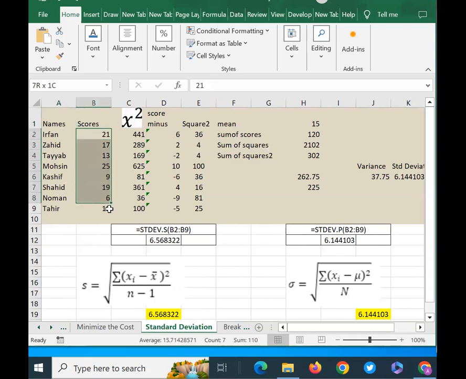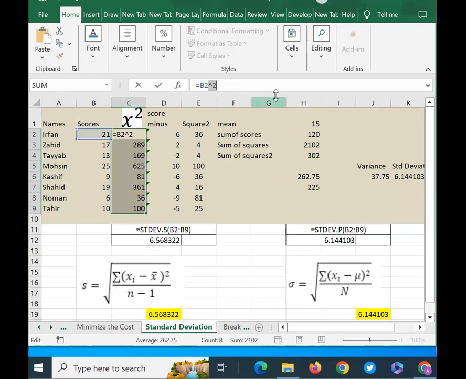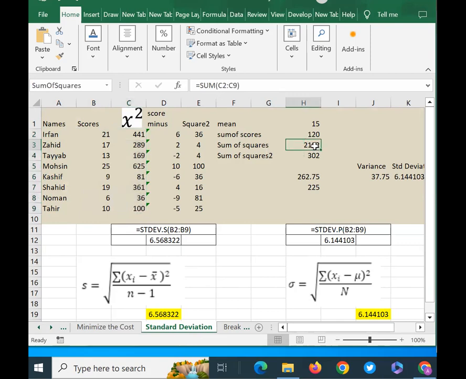For example, you have scores. These are the 8 scores of 8 people, right? And then you have to make a square of them. So this is how we do the square, and the sum of those squares becomes this. The sum of these scores is equal to this. So you need all these things in order to get the variance.